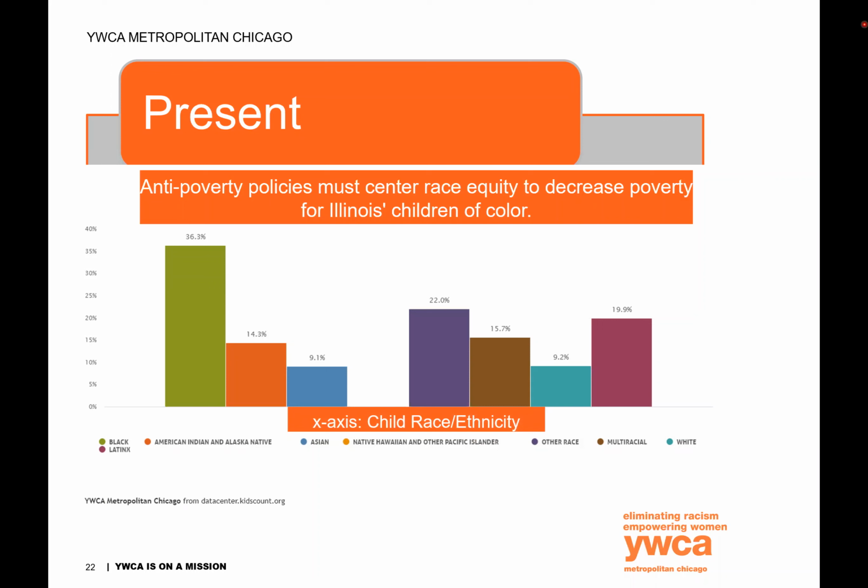And then for our y-axis, this is our vertical axis, and this is our dependent variable, or the effect. So the y-axis in this chart would be percent of children living in poverty. So this is the outcome of poverty based on our race and ethnicity categories. I also want to flag that we do have a legend provided by the data center on this chart, so we're good to go.